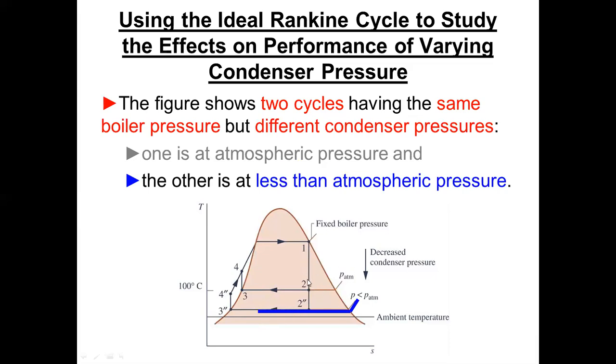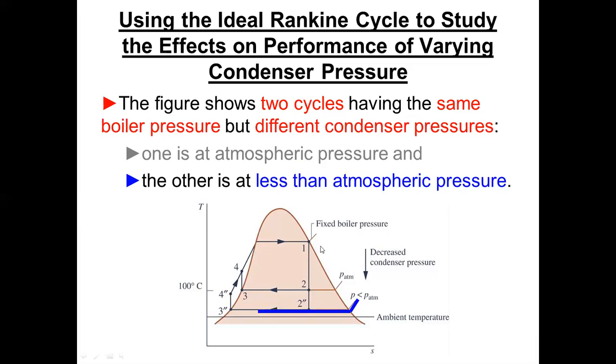We can also look at the moisture in the turbine. If we stop the process here, then we still have a good bit of moisture in the turbine. If we were all the way over here, the steam would be dry and we would have no moisture in the turbine. If we're all the way over here, we're 100% liquid. So this is all liquid, this is all vapor, and this is a significant amount of liquid droplets in the steam flow.